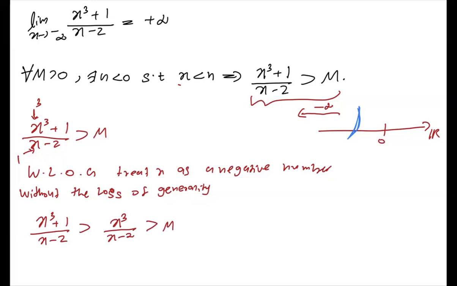Now we have the below x. What we can do is divide both sides by x squared, or it's a tricky question because we cannot divide by x either, as it is a negative number.